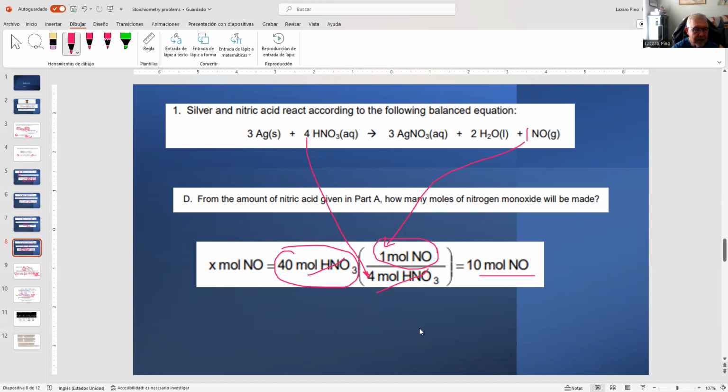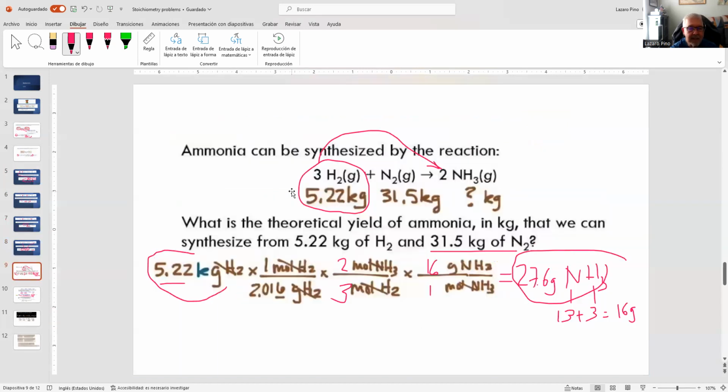Let's continue. Well, in this case, the problem is different because I am asking about the theoretical yield of ammonia in kilograms that we can synthesize from 5.22 kilograms of hydrogen. Look, here we have one of the reactants, hydrogen, and 31.5 kilograms of nitrogen.